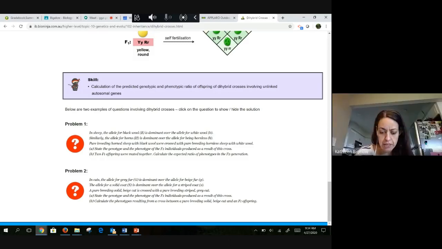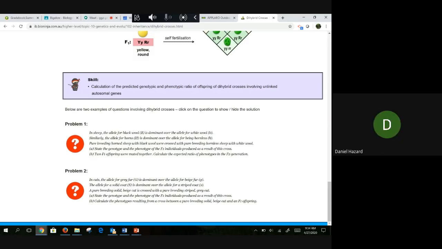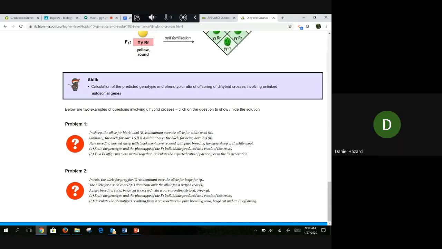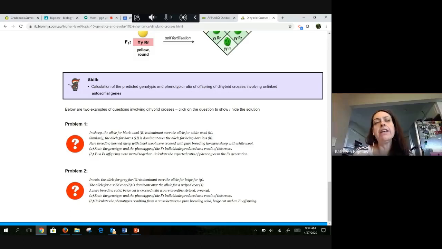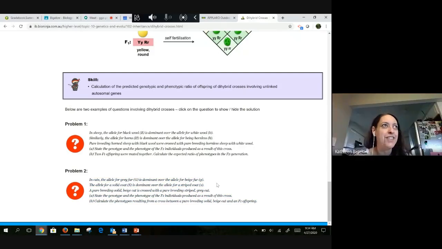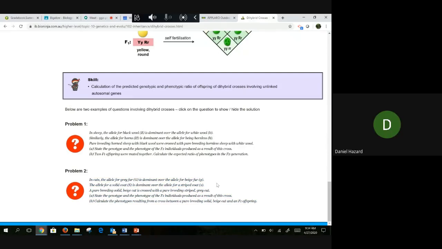So you're crossing 2 homozygous individuals. So 100% of your offspring are going to be what? Black. Yes, and? And they're gonna have horns. That's right. Heterozygous or homozygous for both?